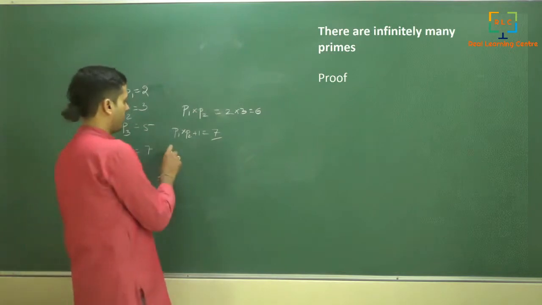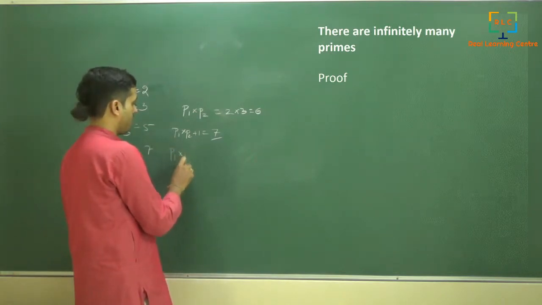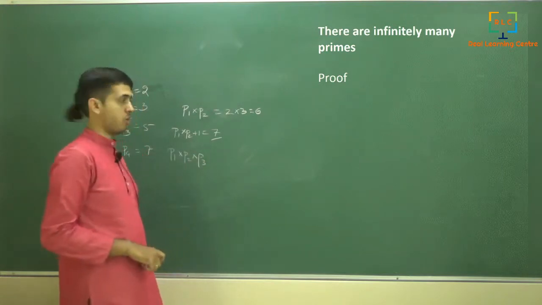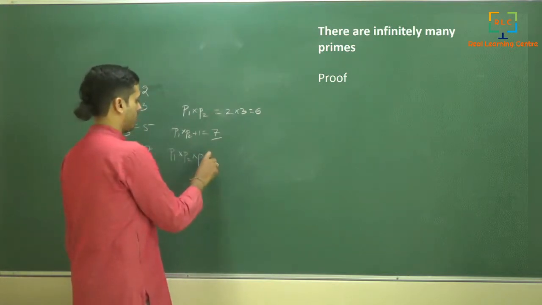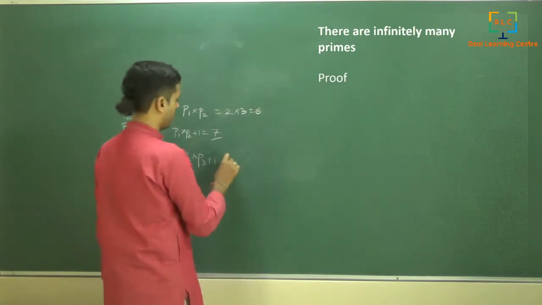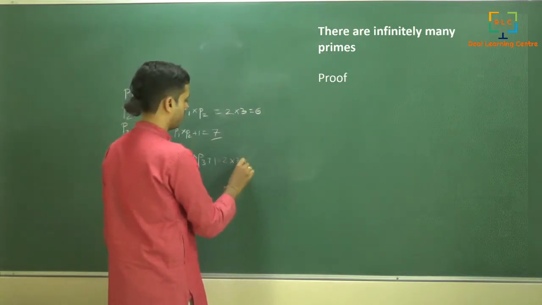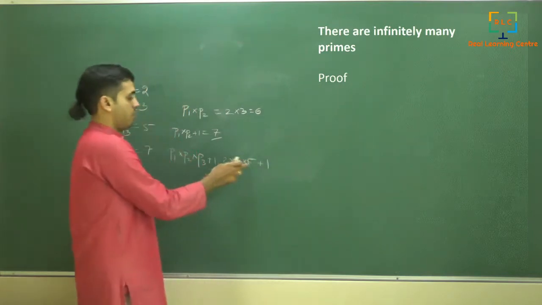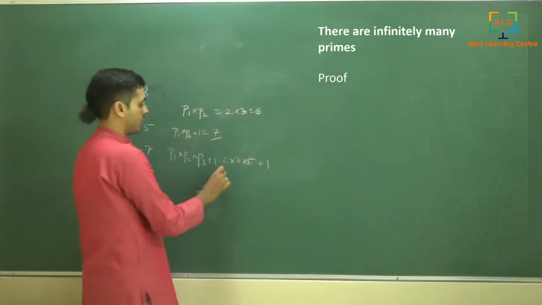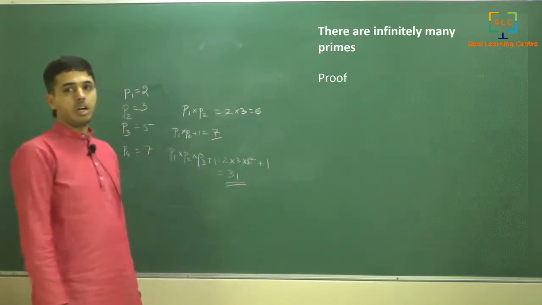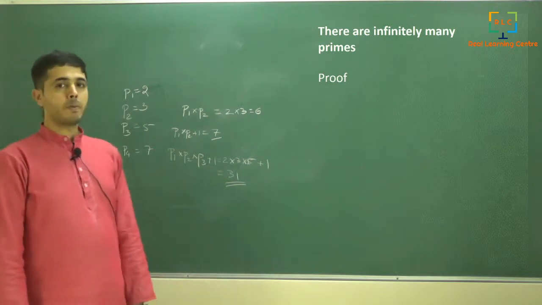Now suppose I do like this, P1 into P2 into P3, plus 1. Same as 2 into 3 into 5 plus 1. 5 3s are 15, 15 2s are 30. 30 plus 1, 31. Again, 31 is a prime number.